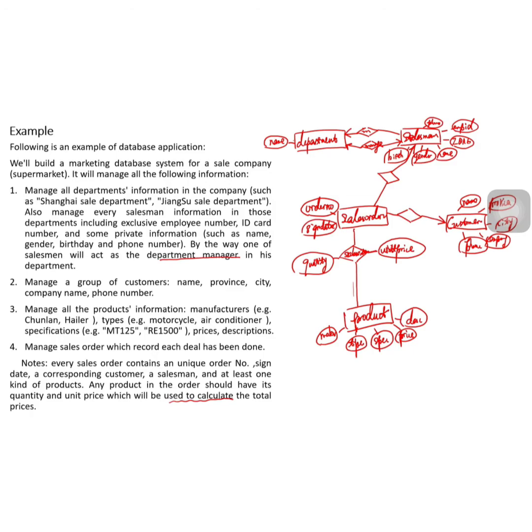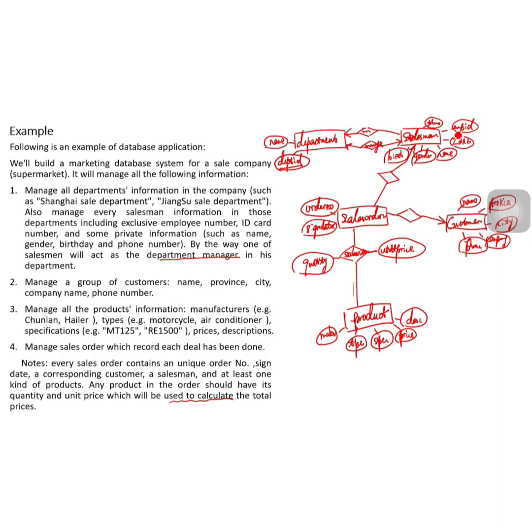Okay, now we're ready to draw the ER diagram based on the database requirement. Now, the next step is to find all the primary keys. Department name is the primary key of department, and sometimes you can add some ID, for example, department ID, as the primary key.